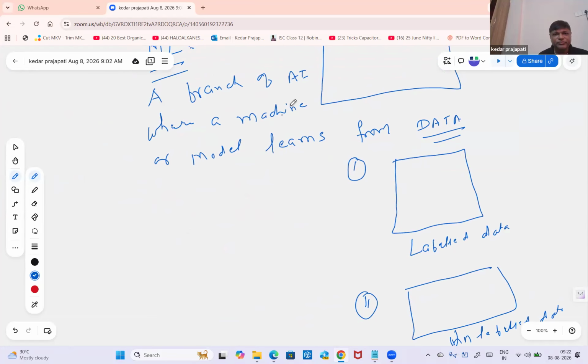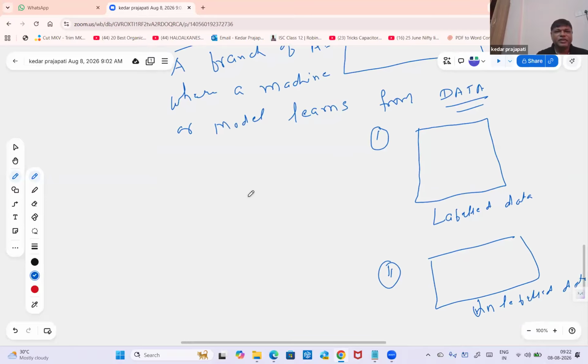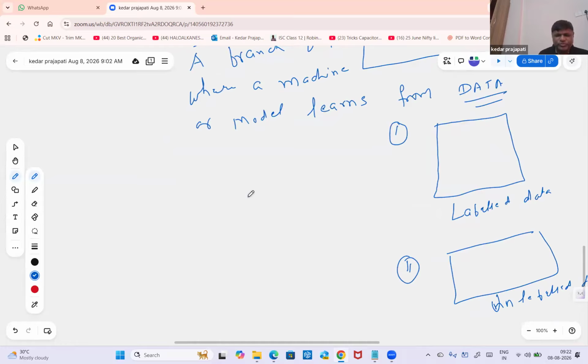It is a branch of artificial intelligence where a machine or model learns from data. This is very important. So far in NumPy and Pandas, what did we do? We created data.